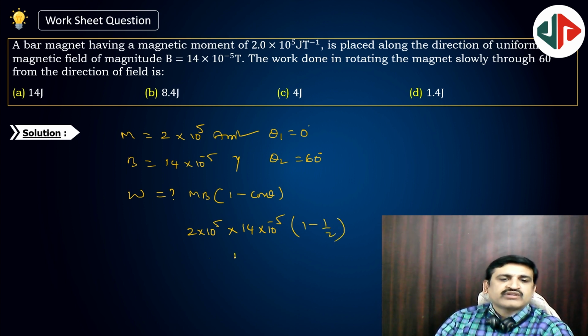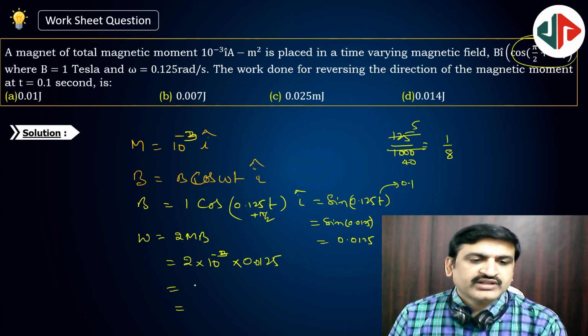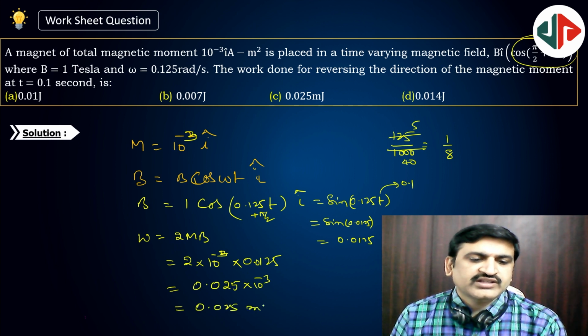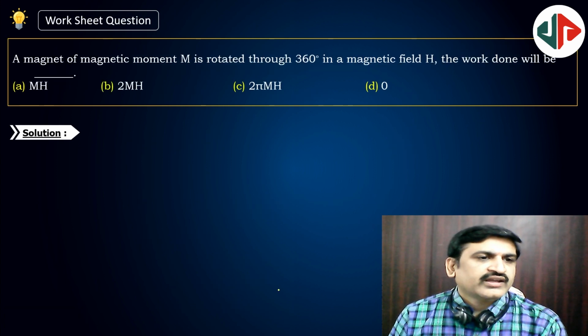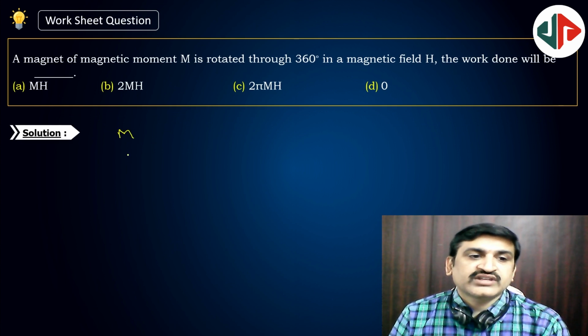So 10 power 4 will go. So the answer is 0.025 into 10 to the power of minus 3, so 0.025 millijoule.